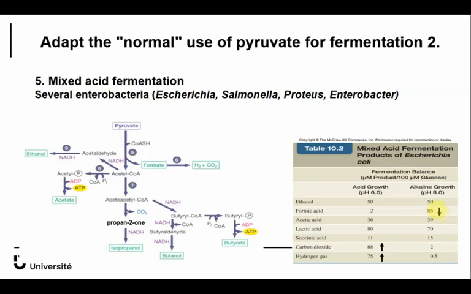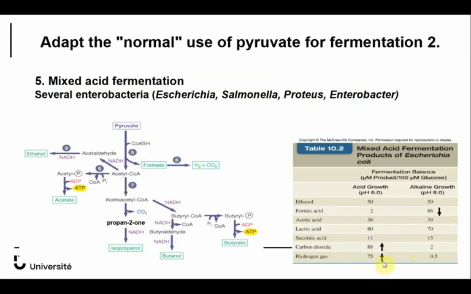So once the pH goes down, E. coli will start producing another enzyme, which I think is called formate hydrogen lyase. It splits the formic acid into molecular hydrogen and carbon dioxide. So once the pH goes down, you get more and more carbon dioxide and hydrogen gas produced and less formic acid.